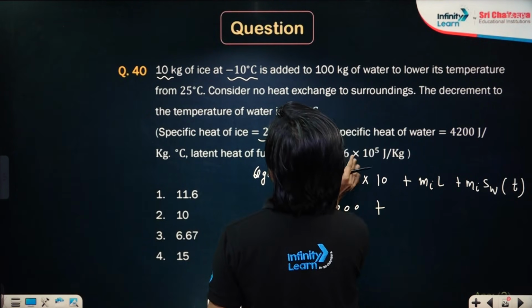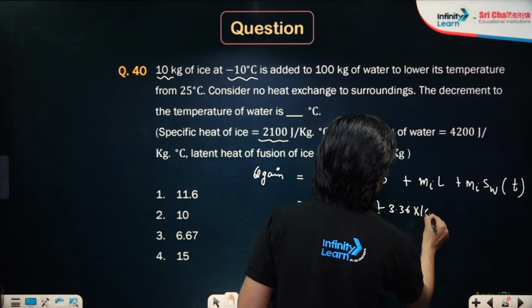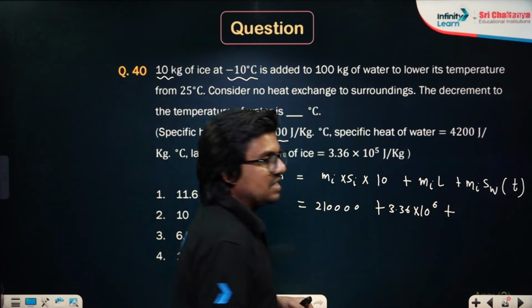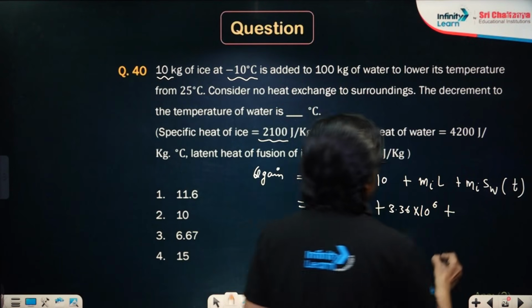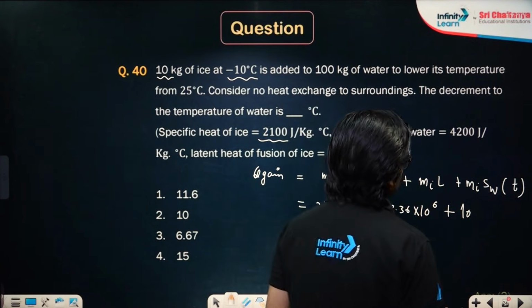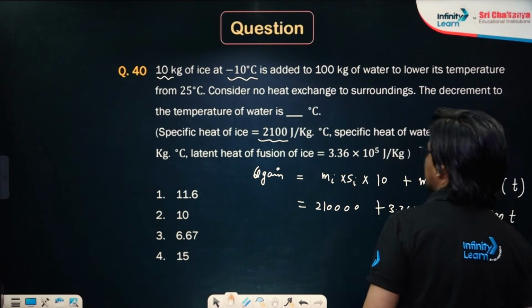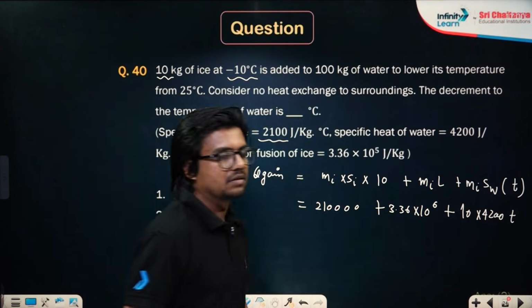So let me multiply this by 10. So 3.36 into 10 raised to the power 6, plus the mass of ice again, which is 10, and the specific heat of water is 4200. So 4200 into T. That is the total heat gained by the ice.